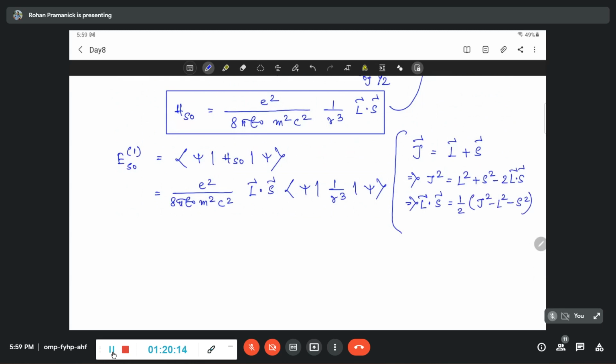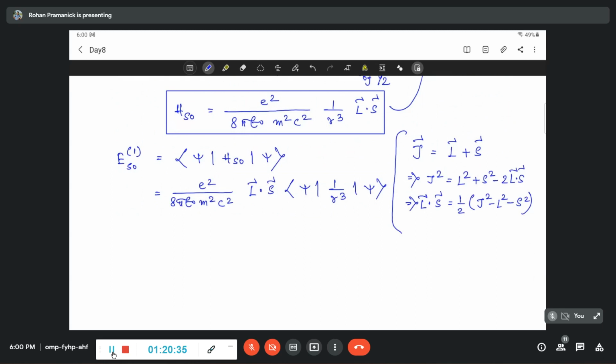And as L has an eigenvalue, you know the eigenvalue of L squared is L into L plus 1 h cut squared. The eigenvalue of S squared is S into S plus 1 h cut squared. Similarly, if you have a combined angular momentum J, it follows the same algebra that you have done.